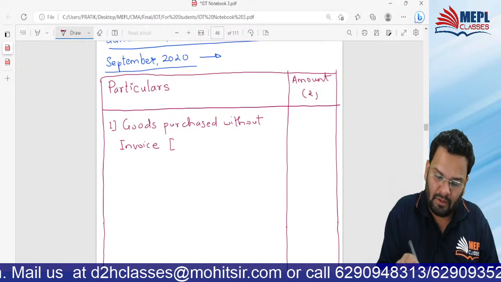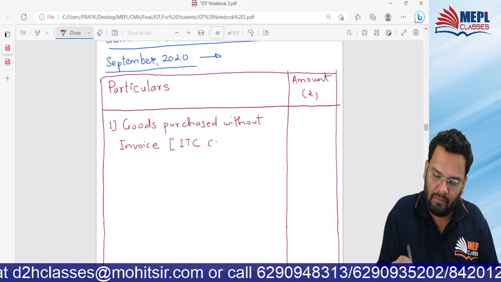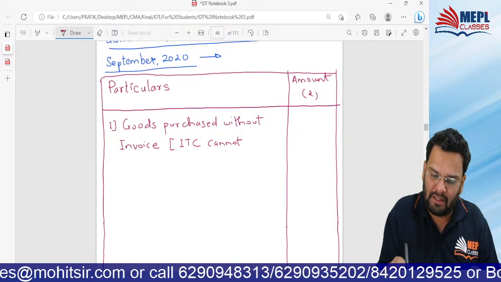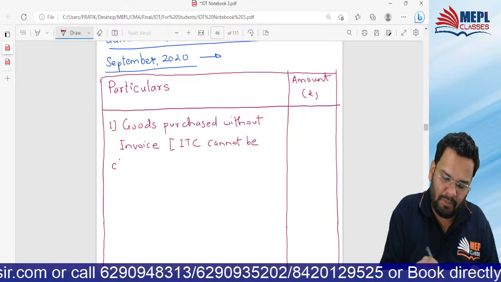ITC cannot be claimed. Why can it not be claimed?